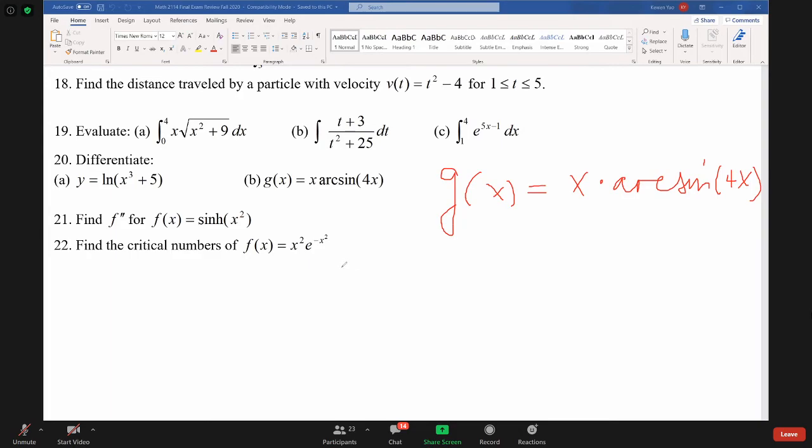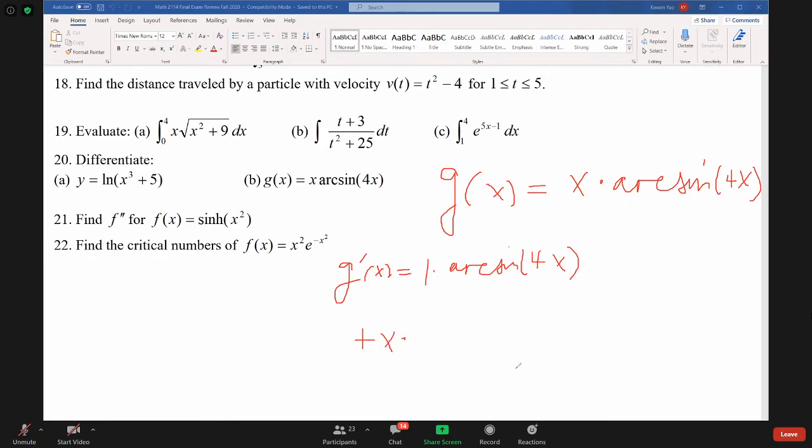So you have to find the derivative by using the product rule, as William said, right? Because you see times. Don't forget that. So x's derivative is 1, right? 1 times arc sine 4x plus x. Now, how to find the arc sine 4x derivative?